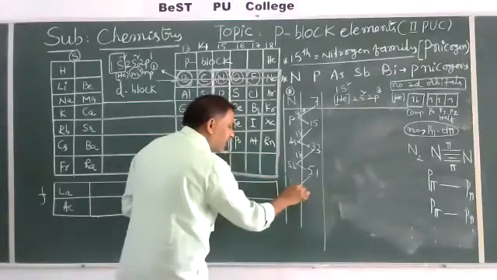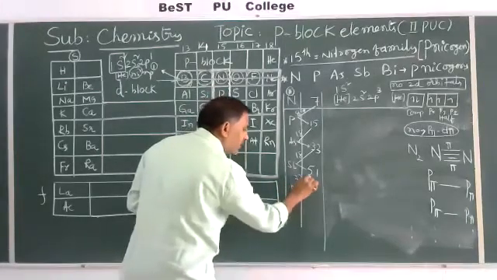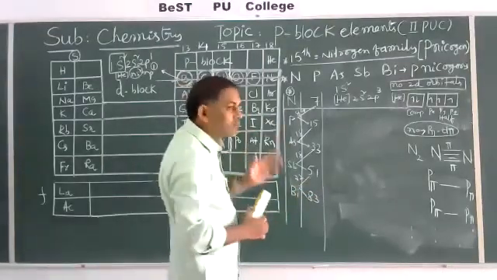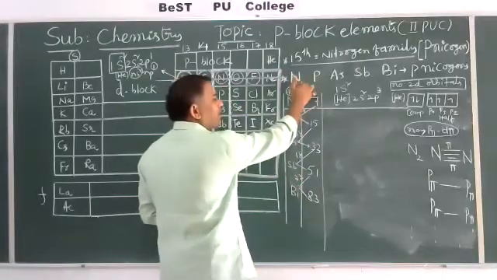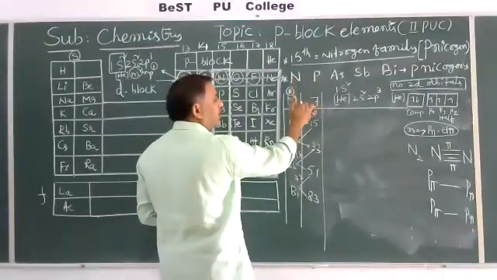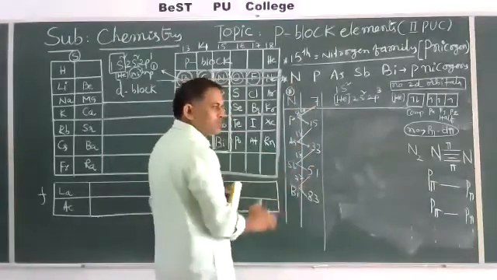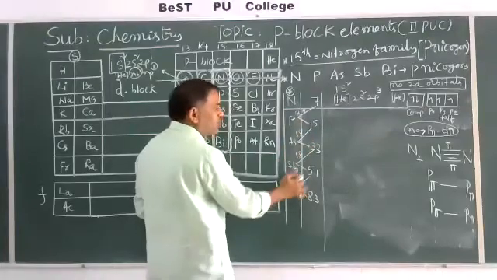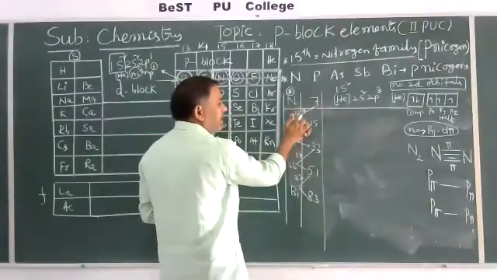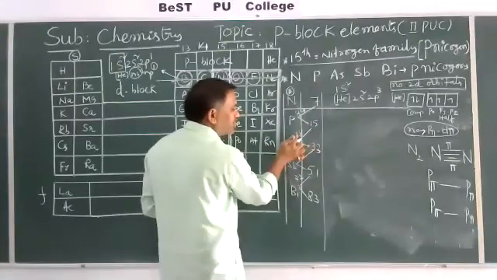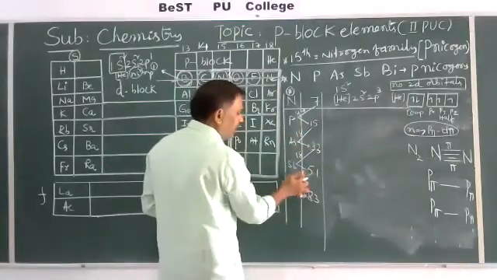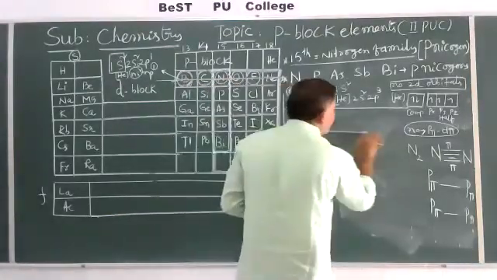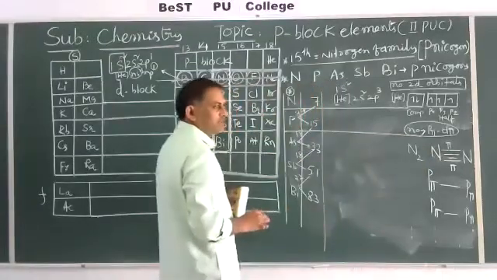Now to this add 32, then we get 83. So atomic numbers are easy to remember and easy to write. Generally for the first period, like 8, 8, 18, 18, 32, for the second period onwards, that's why 8, 18, 18, 32. To nitrogen's 7, add 8, we get 15, then 33, 51, and 83. These are the atomic numbers of nitrogen, phosphorus, arsenic, antimony, and bismuth.